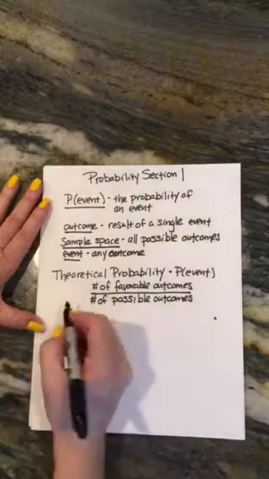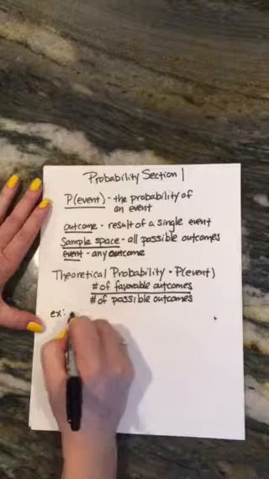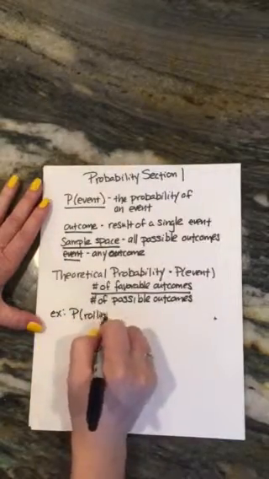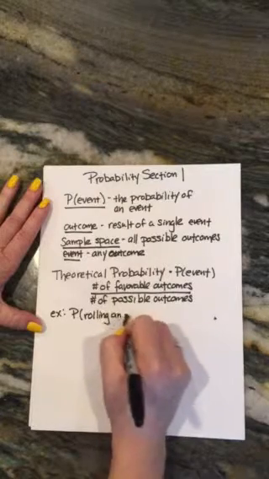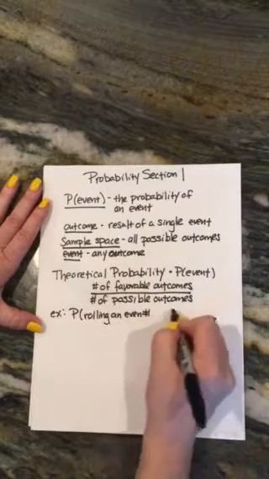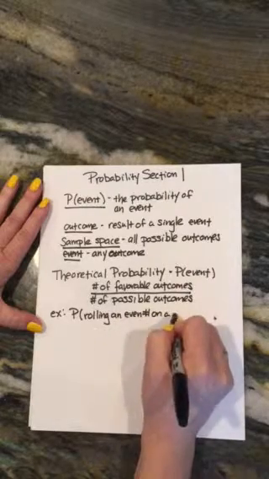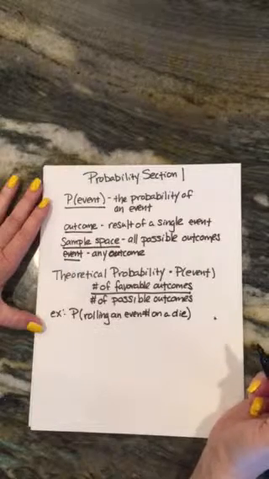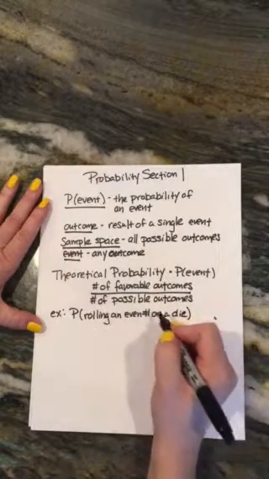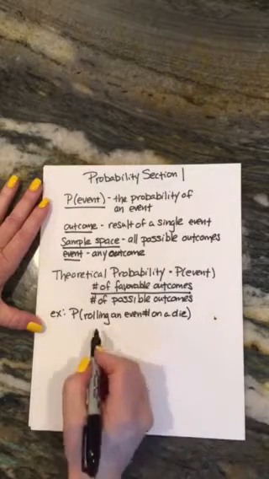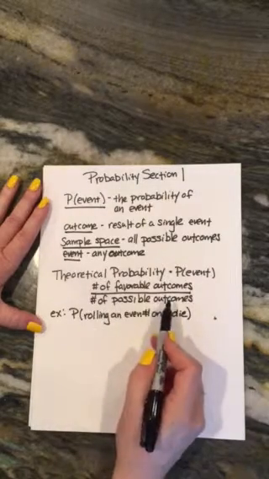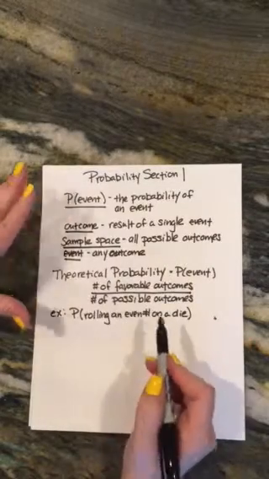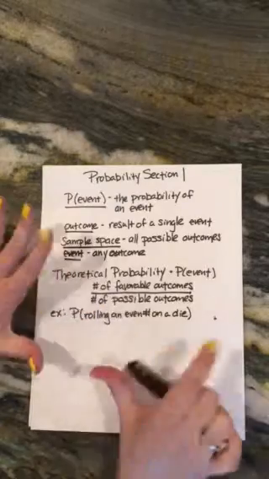So let's look at an example. What is the probability of rolling an even number on a die? And we'll say it's a standard 6-sided die. So let's talk about the number of favorable outcomes. On a die, how many of the numbers are even? Well, we have 2, 4, and 6.